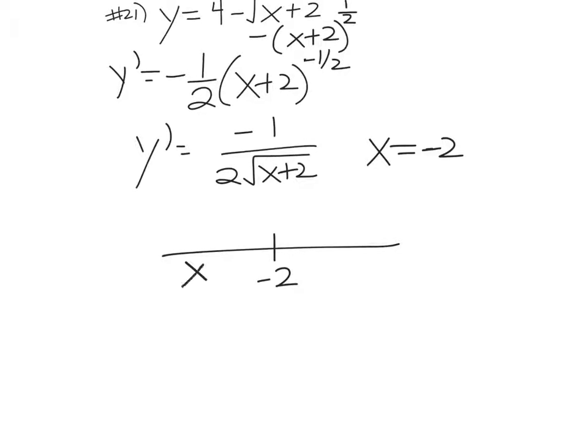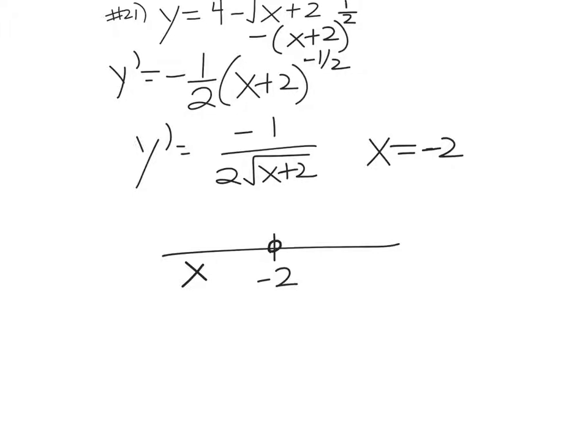When you plug in anything... Wait, if it's an absolute function, they only come on one side, right? If it's a square root, yeah. You can think of the original function and do it that way, or you could do it this way, and when you start plugging stuff in, you'll see it too. So at negative 2, it's actually an undefined derivative.